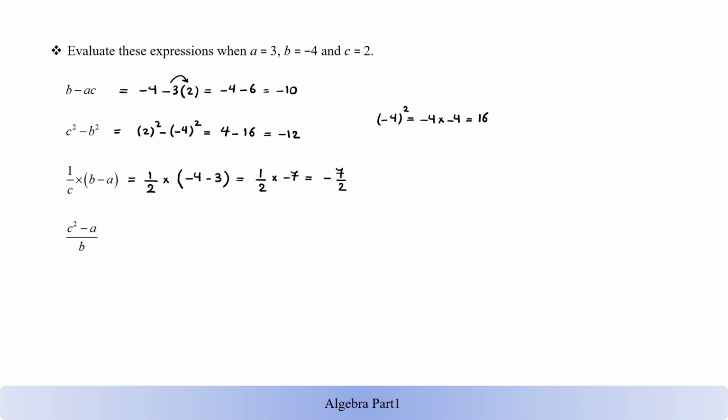And the last one, c squared minus a over b. So it is 2 squared minus 3 over minus 4. 2 squared is equal to 4, minus 3 over negative 4, which is equal to 1 over negative 4, which can be written as minus 1 over 4.